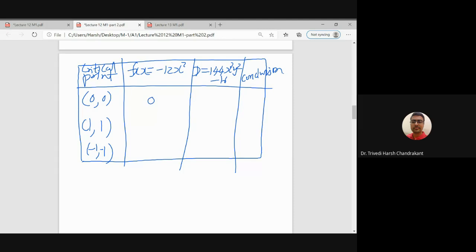Similarly, the value of fxx at 1 1 is minus 12, and this is also minus 12 at minus 1 minus 1. When we substitute 0 comma 0 in the discriminant, that is 144 x square y square minus 16, we get minus 16. At 1 1 we have 144 minus 16, that is 128, and that value is the same for minus 1 minus 1 also.